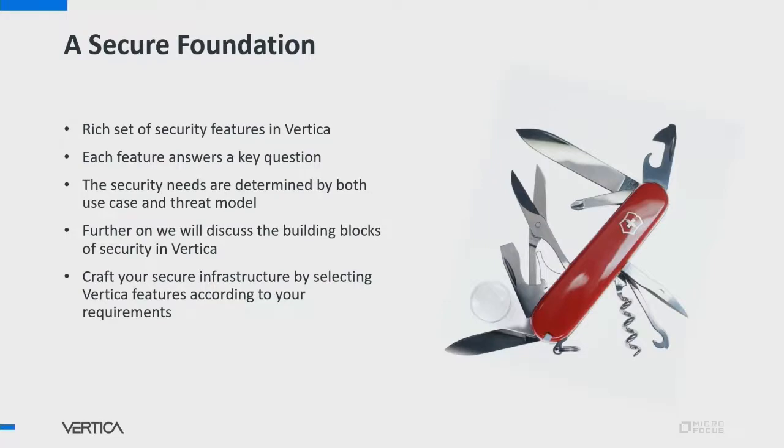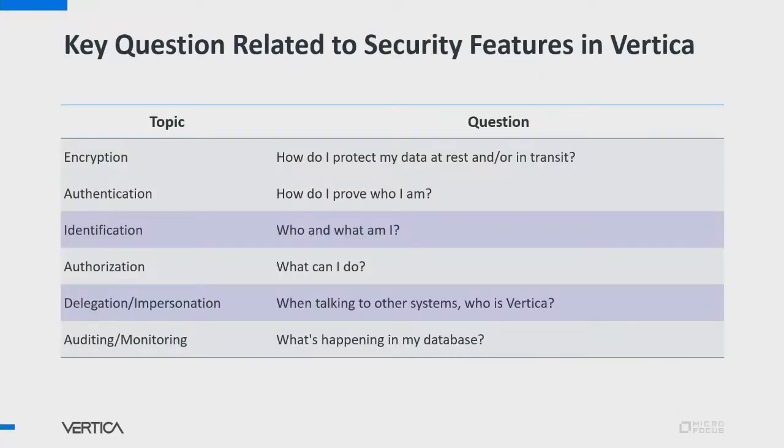This talk will give you the basic understanding of how to create a secure architecture for your needs. The Vertica security features can be grouped by the questions to which they give answers. If we want to protect our data at rest, as they are stored in a database, or in transit, we should select the way how we mask or encrypt it. Authentication, identification, authorization are usual steps for a database to understand who wants to connect to it, if a person has rights to connect, and what the person can do within the database.